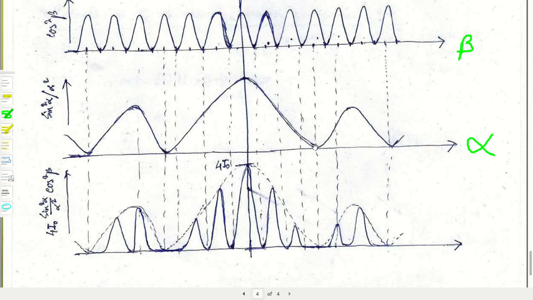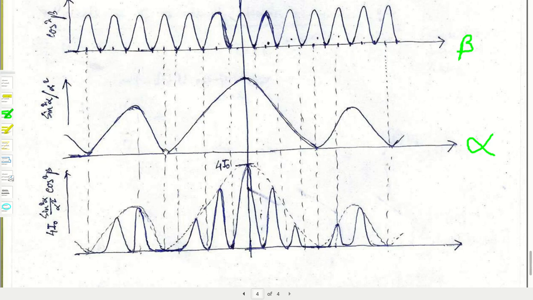condition satisfied. Okay, so if the minima of the diffraction falls over this, because those two graphs are multiplied with each other, because in the formula the resultant intensity is 4I0, a constant, into sin square alpha by alpha square into cos square beta. So multiply each coordinate of the two graphs to form the resultant graph.